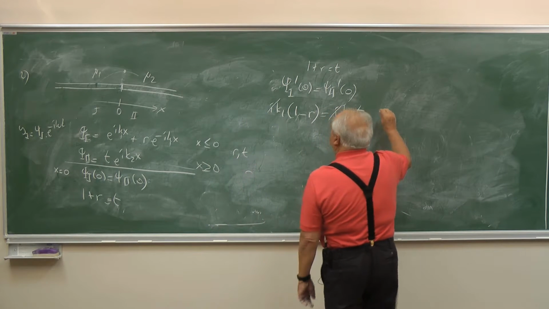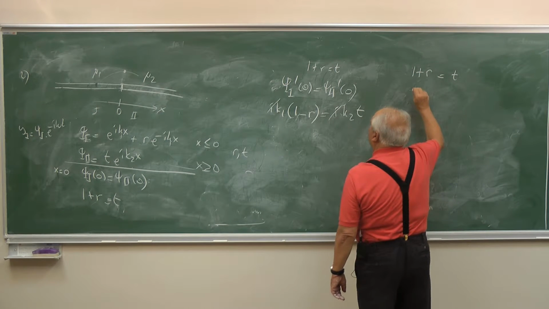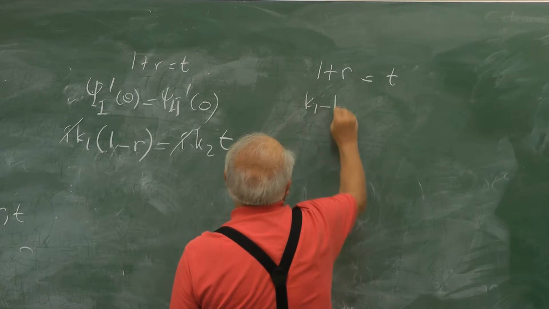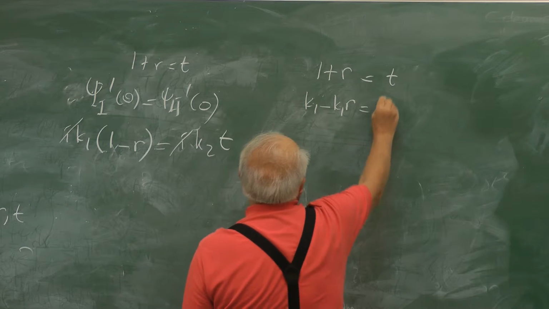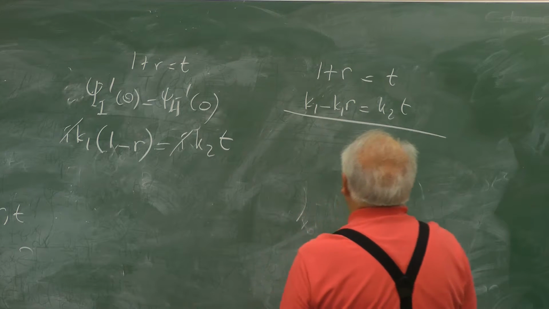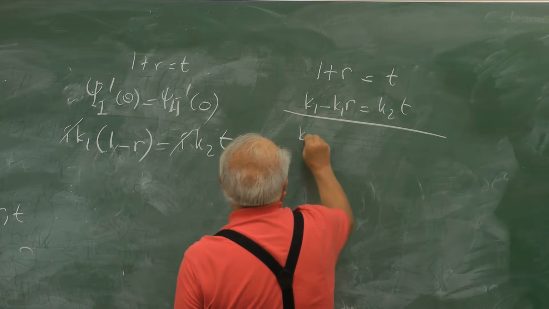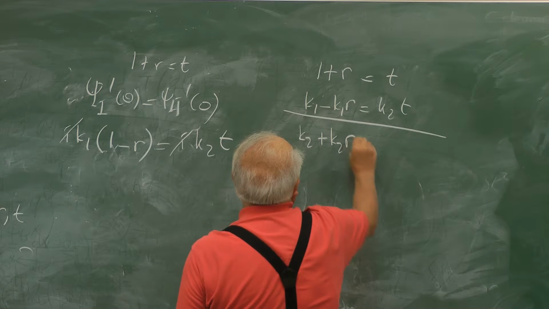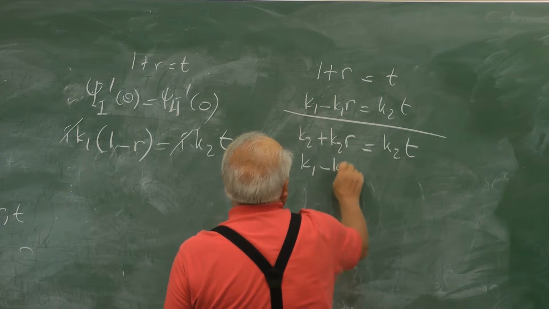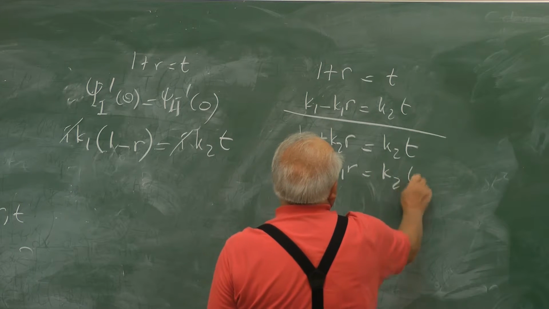So let me write here. We have two equations. 1 plus r equals t, and k1 minus k1 r is equal to k2 t. So it's an easy equation to solve. Multiply the first one by k2: k2 plus k2 r is equal to k2 t. And k1 minus k1 r is equal to k2 t.